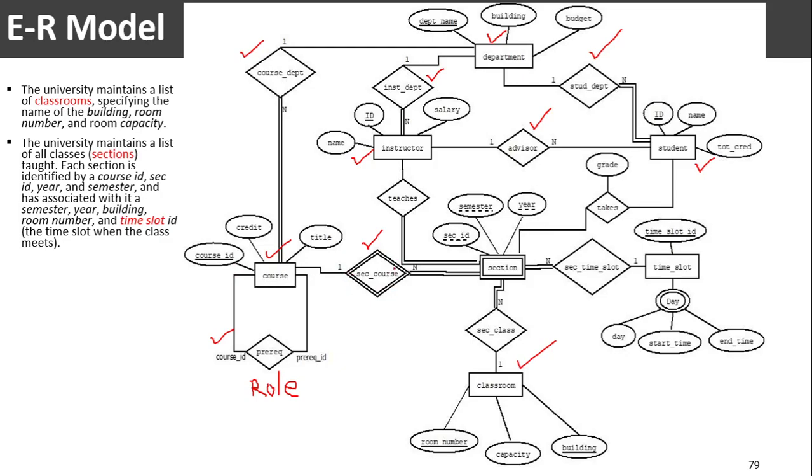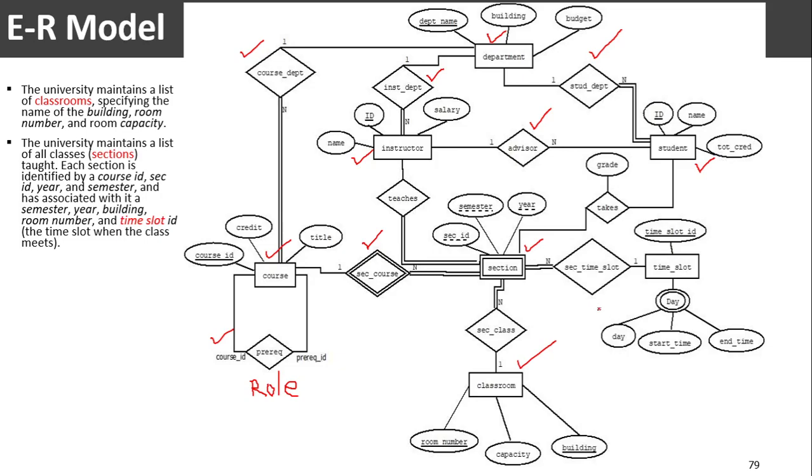Okay, so this identifying relationship section course is one to many from course to section, or many to one from section to course, and section participates totally in the section course identifying relationship set. So we have depicted this section as the weak entity set, associated with it the identifying relationship set, that is section course.